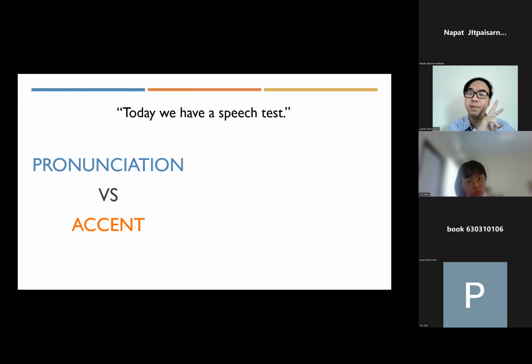Let's start with this sentence. Today we have a speech test. Today we have a speech test. If you want to pronounce this sentence with a Thai accent, what would you say?